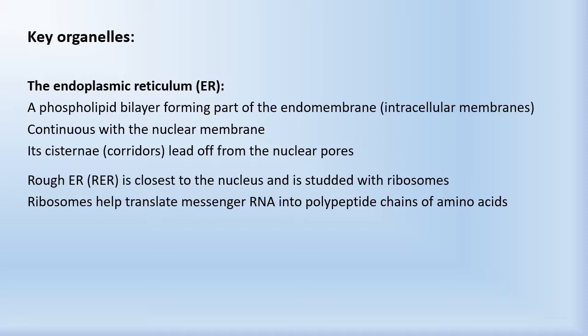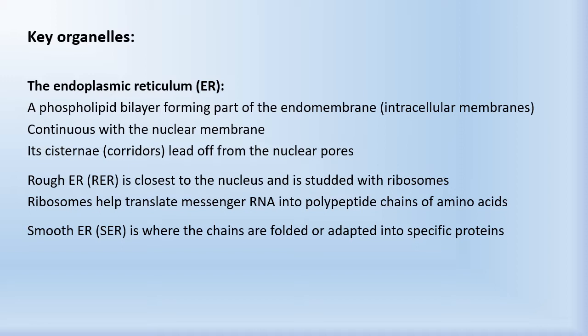Rough endoplasmic reticulum, RER, is closest to the nucleus and is studded with ribosomes. Remember ribosomes and ribosomal RNA? They translate messenger RNA into chains of amino acids that eventually form structural or chemical proteins.